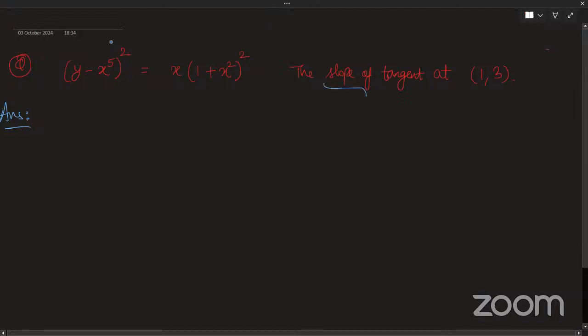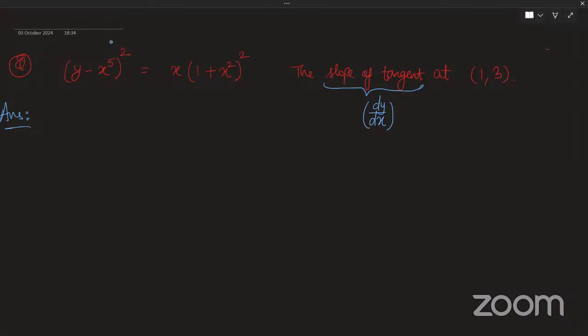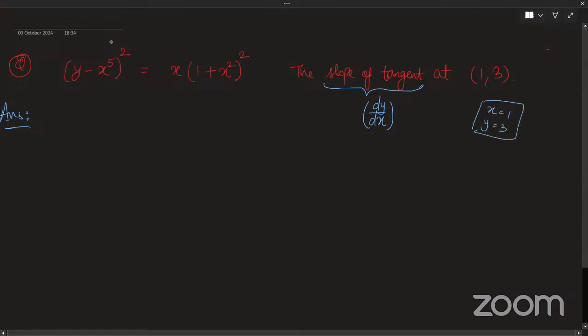The slope of the tangent is also equal to dy by dx, fine. So it is asking you what is the value of dy by dx at (1, 3). So (1, 3) would mean that x is equal to 1 and y is equal to 3. So obviously this point will be a point on this curve. Fine.